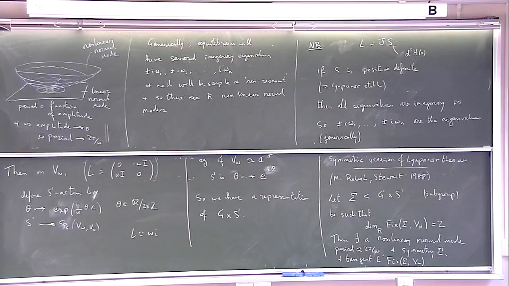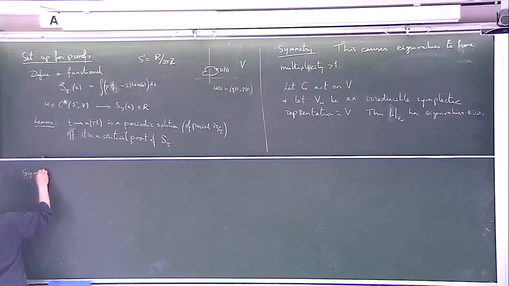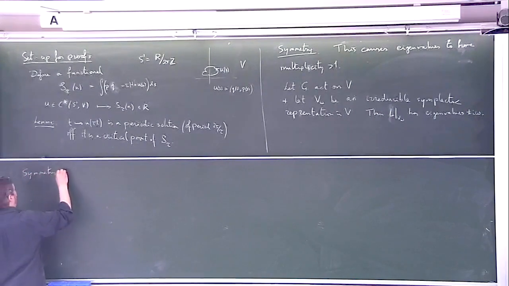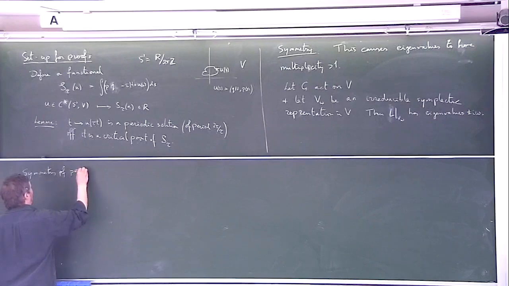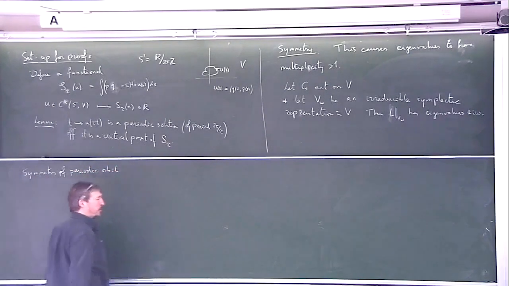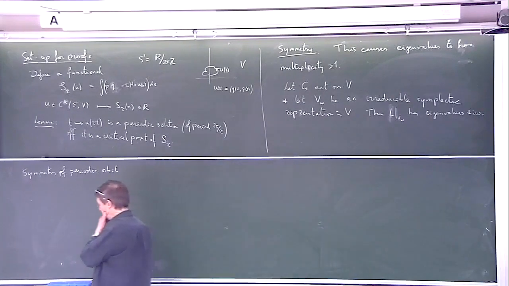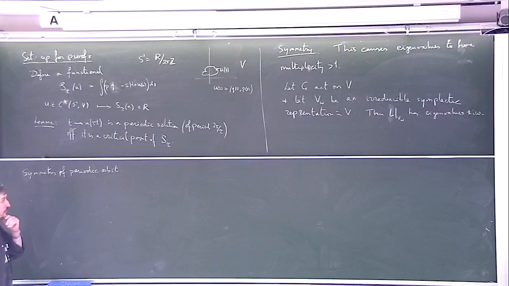But let me just say what do we mean by symmetry of a periodic orbit? Maybe the example now would be better, and then the symmetry is clear from the example instead of writing down formal definitions.